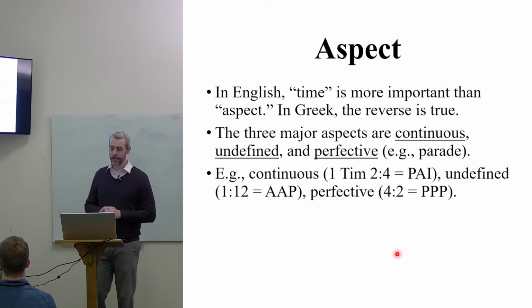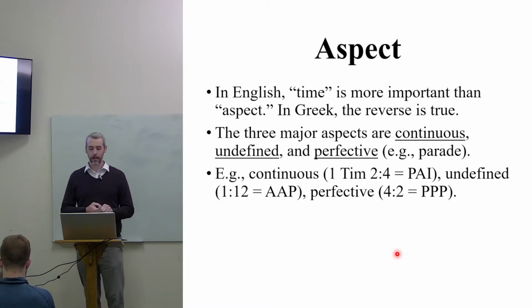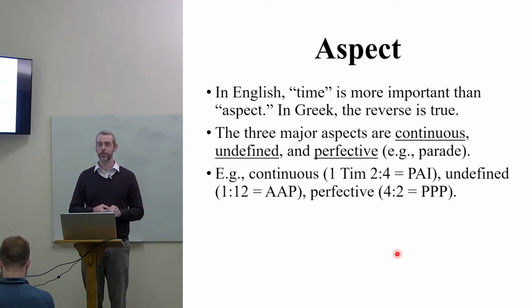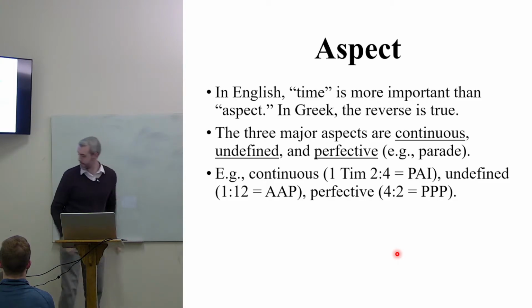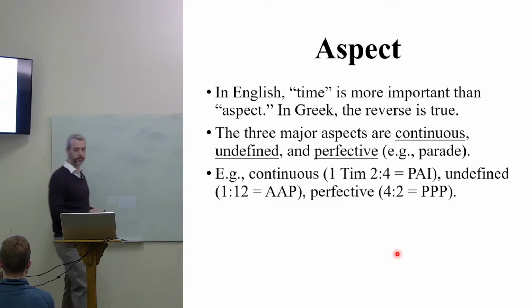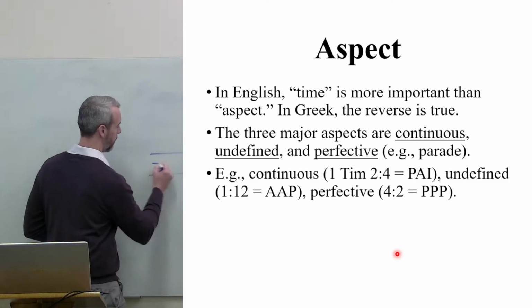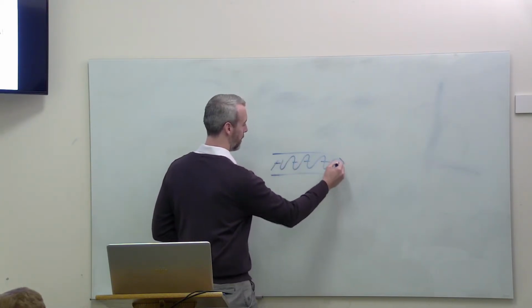So the three major aspects in Greek are continuous, undefined, and perfective. We've already talked about two of those. What does continuous mean? It's ongoing. The illustration I gave is if you had the parade, you're seeing the parade happening.